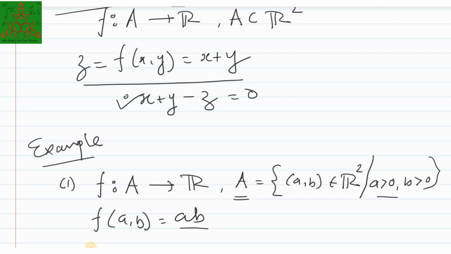I have taken a and b positive because the sides of a rectangle are always non-negative, so this is one of the functions.